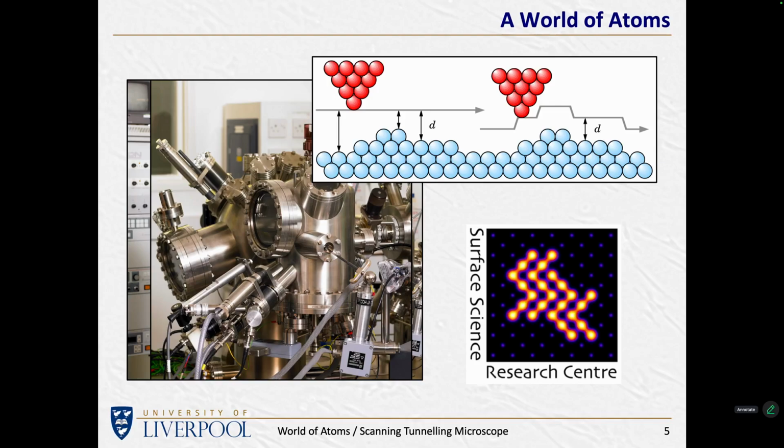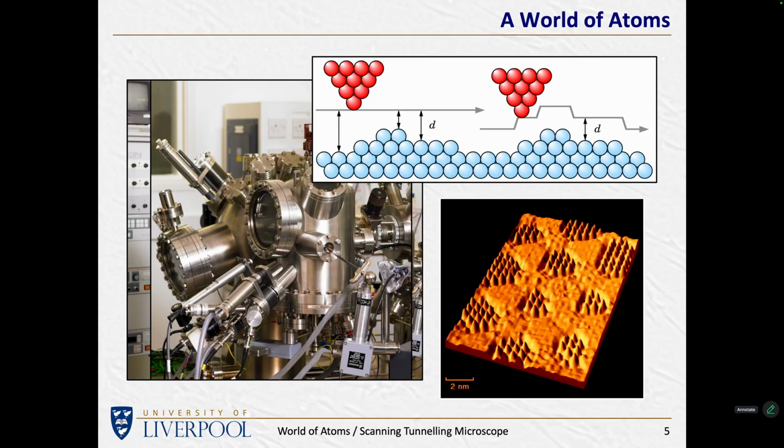It involves taking a very sharp needle tip and moving it across a surface very close, not quite in contact with the surface, separated by only perhaps nanometers from the surface, and through a particular phenomenon which is quantum mechanical in origin, and I'm not going to describe in any detail, but through the wonders of quantum mechanics it allows us to tell where that tip is relative to the surface, and it allows us to map out the structure of a surface.